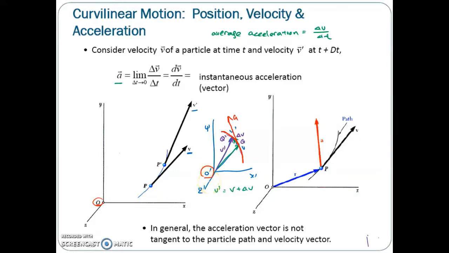In the original coordinates with the origin at O itself, this is our position vector r, and the velocity of the particle is tangent to the path of the particle, but the acceleration is not tangent to the particle path or the velocity vector.